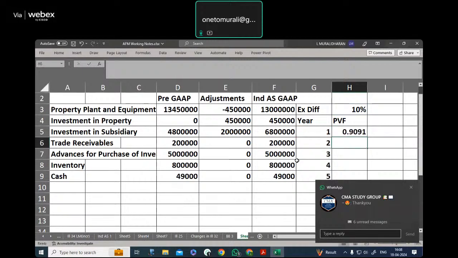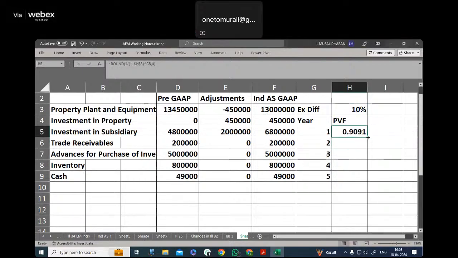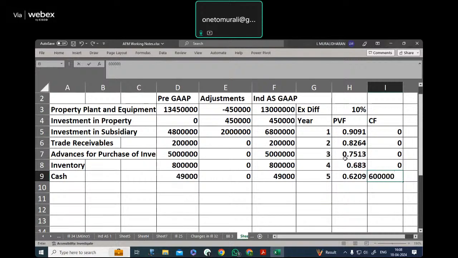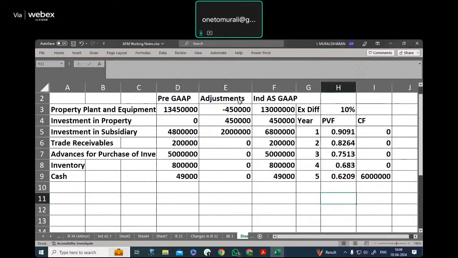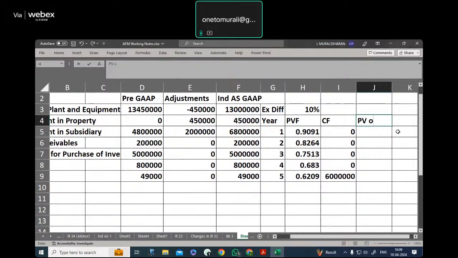I am taking it up with 4 decimal values. The cash flow is 0 for all these years, and in this particular case, it is 60 lakhs. Correct. See, now let us just know about the values that we will be taking up here. Present value of cash flow.